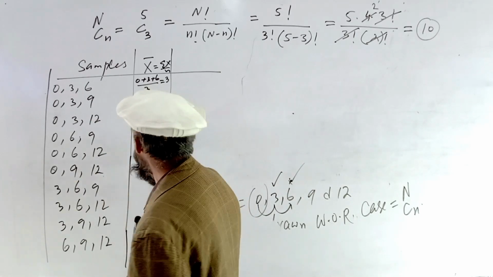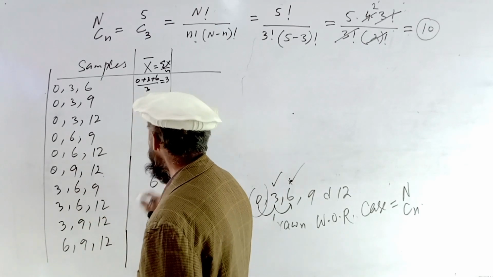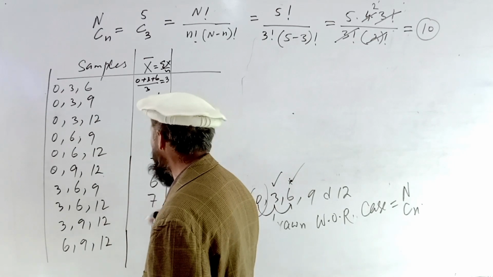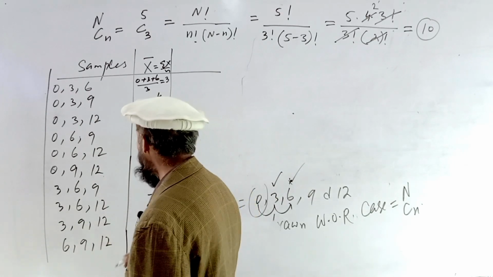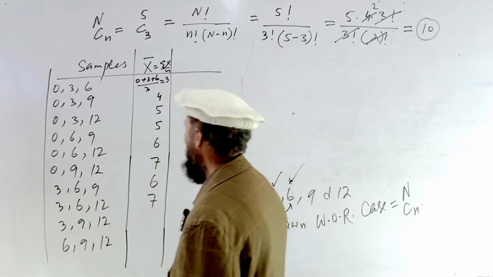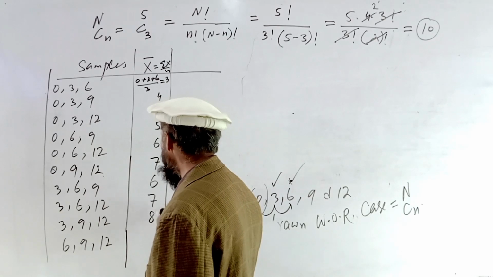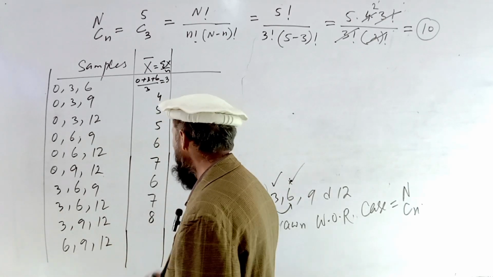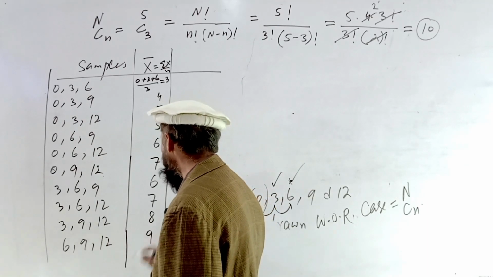Similarly 21 gives 7, another gives 7, then 24 divided by 3 gives 8, and 27 divided by 3 gives 9.